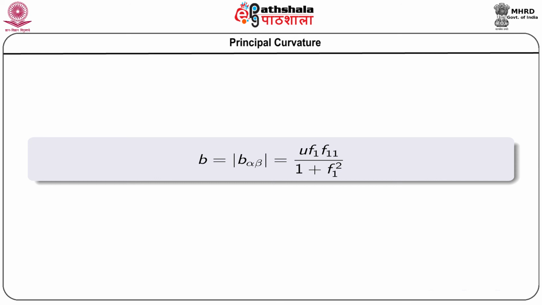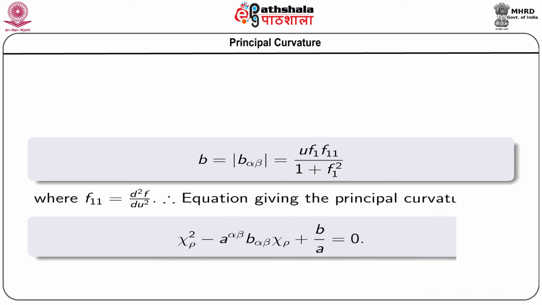So, B, the determinant of B alpha beta, is equal to u f1 f11 by 1 plus f1 square, where f11 is the second order derivative d2f by du2.